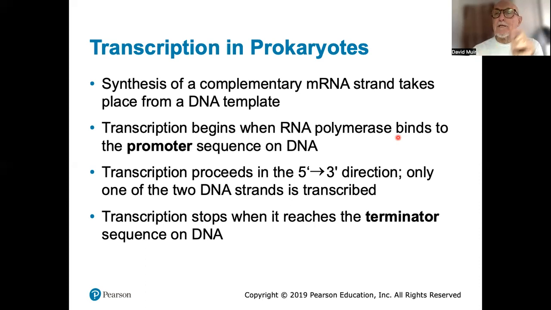Transcription is going to begin at a certain place on the DNA template strand. But upstream, above there, may be information which controls the process of transcription. So, for example, above where the transcription will actually start, there's an area called the promoter sequence.